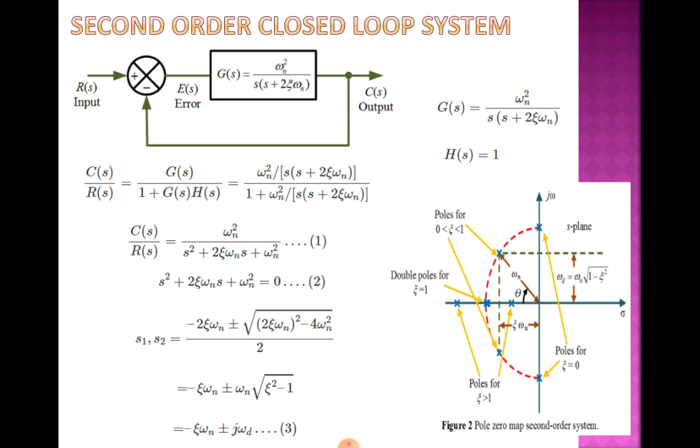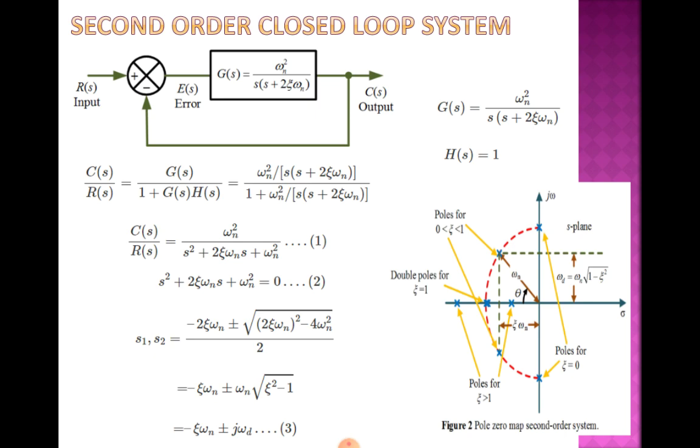This is the block diagram of a second order system. The best example of a second order system is a motor. For a DC armature controlled motor we can develop the expression.